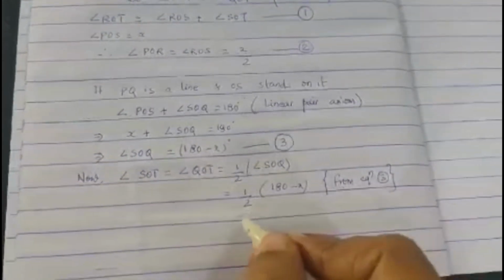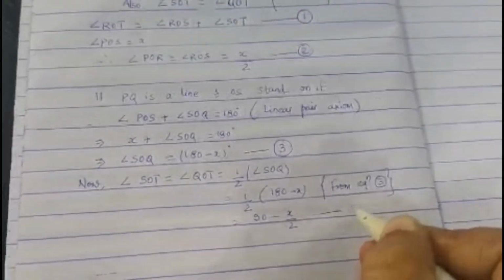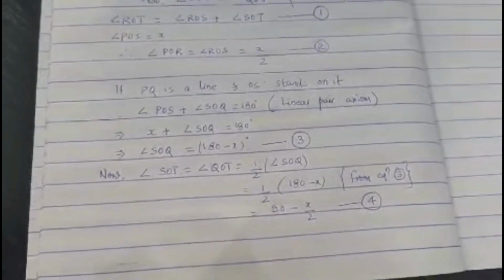So that will be equal to 90 minus X by 2. Let's write it as equation 4.